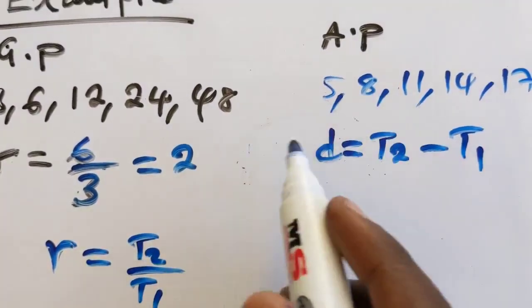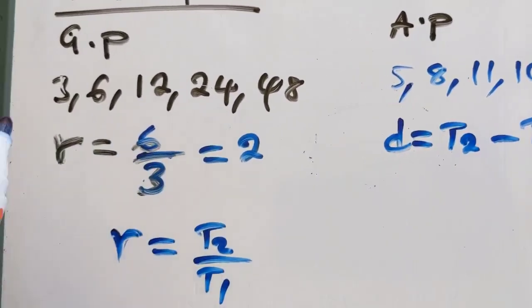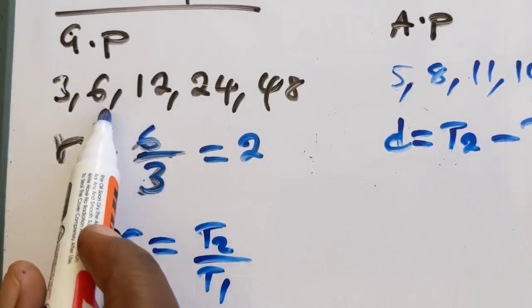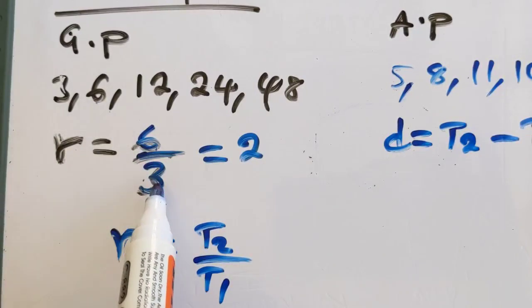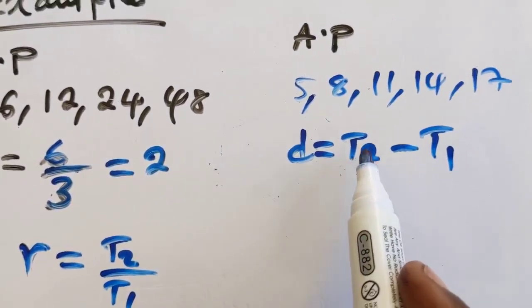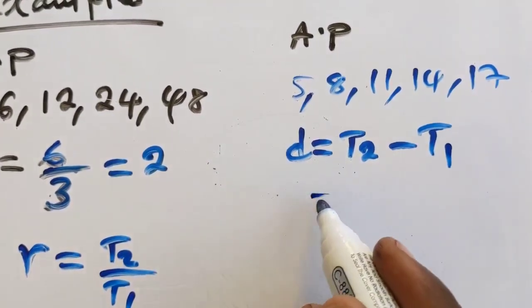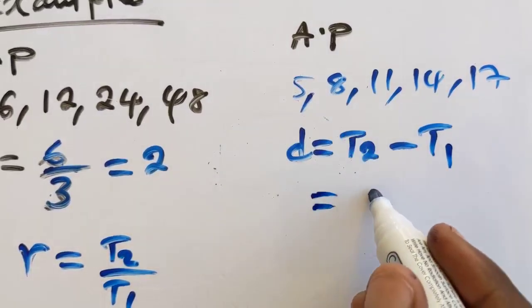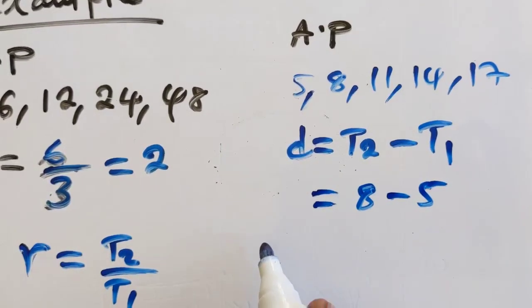So to find the common ratio for the GP, you divide the second term by the first term. For the AP, you subtract the terms, so it is going to be 8 minus 5.